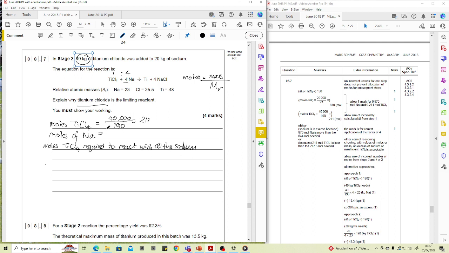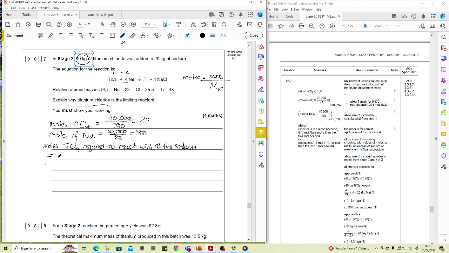Moles of sodium, 20,000 divided by 23 equals 870. Okay then, so if I have the number of moles of sodium, then the number of moles of titanium chloride should be, let's have a look, what's the best way to do this?